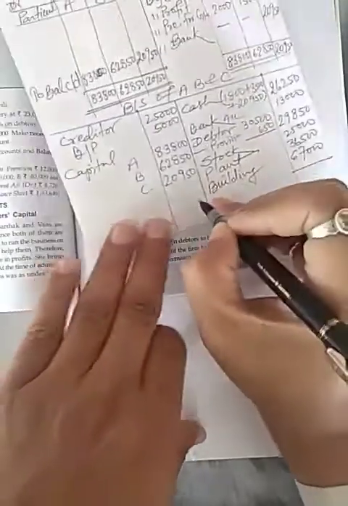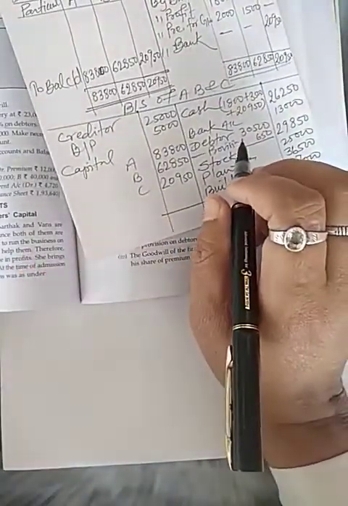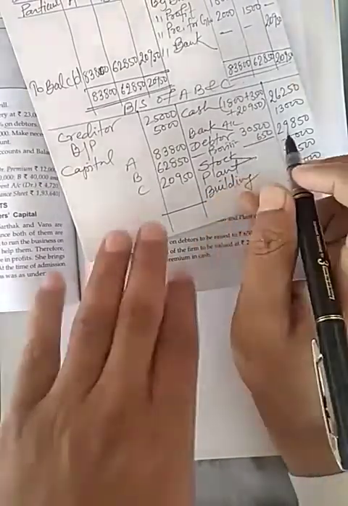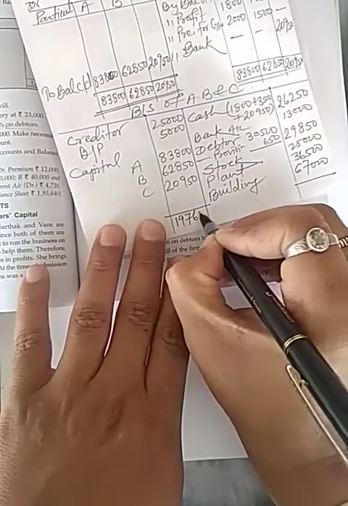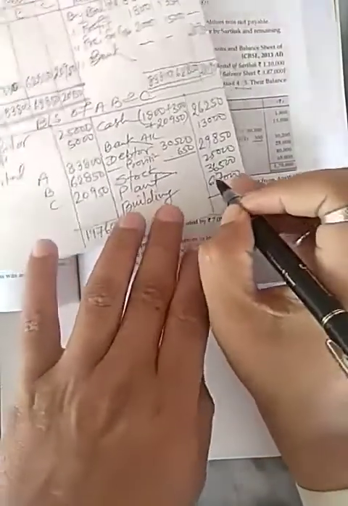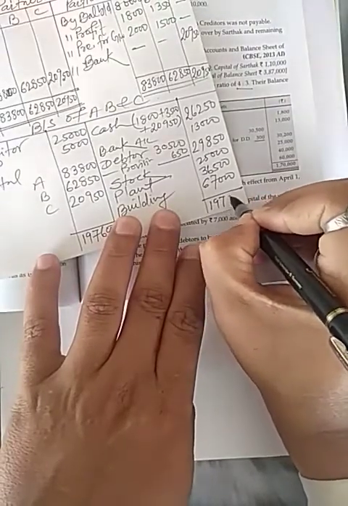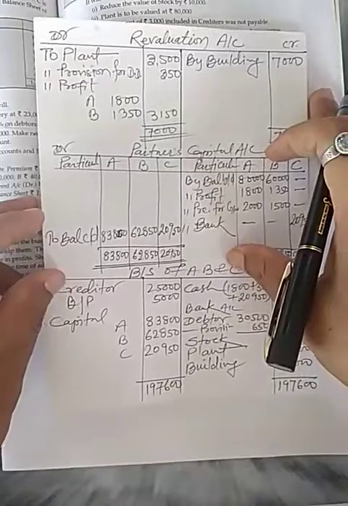Total will be 1,97,600 on both sides. So this is your solution.